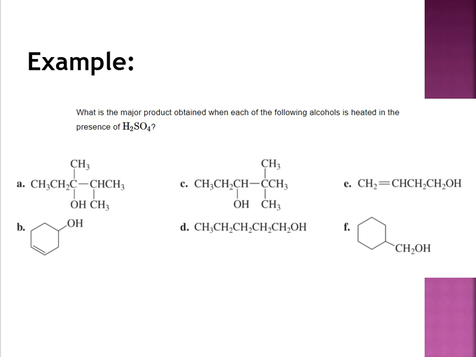And they want you to think about the major product if you have some choices. They want you to think about rearrangement if it can happen. If it's primary, they also want you to keep in mind there's a problem with primaries. It just doesn't really stop at one position. It actually reacts with itself again and shifts the double bond again. So let's just take a look at A first.